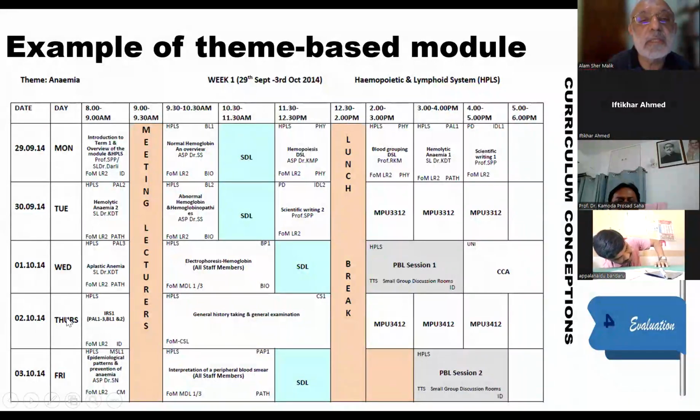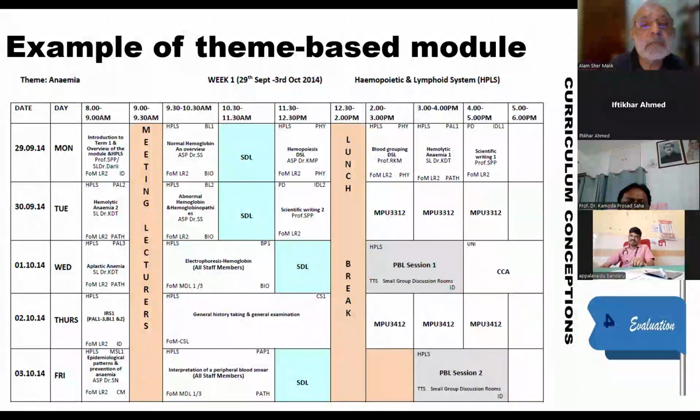And you'll see it's a very comprehensive timetable. It tells you which is the module. It tells you which discipline is teaching, and for that discipline, what is the number of sessions and where the session is taking place. So this is a comprehensive timetable giving all the information in one go.